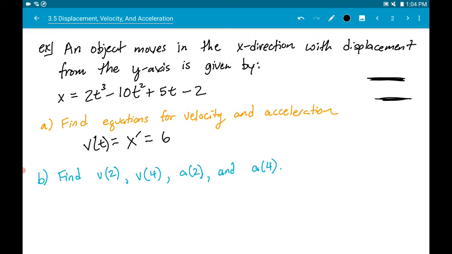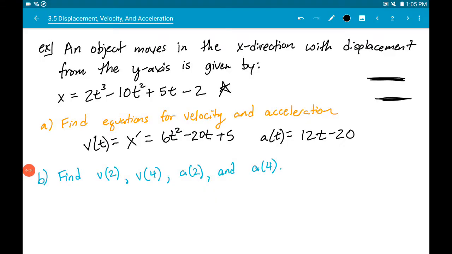We're going to have 6t squared minus 20t plus 5. That's the velocity. And if I find the acceleration equation, that's the derivative of velocity. So again, I power through this. I would have 12t minus 20. And we have our displacement equation, that was the original, and then we've got velocity and acceleration.